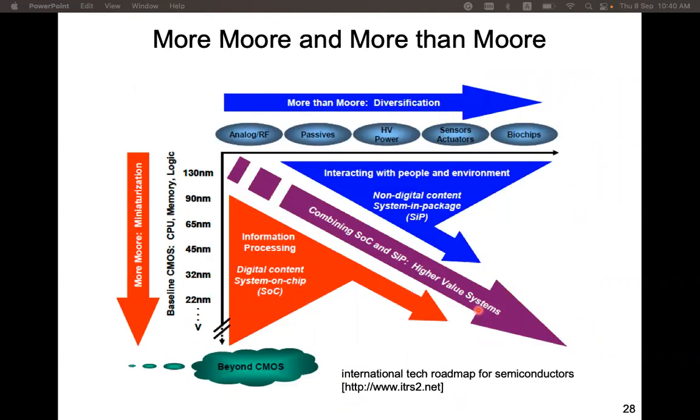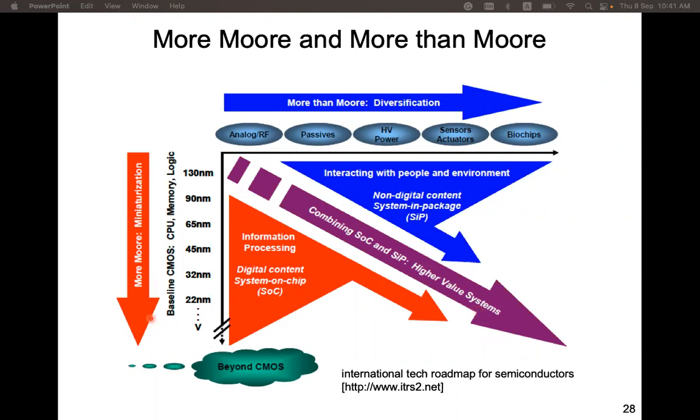So, Moore's law is still alive and could be continued for maybe a decade or more, but eventually there will be an end of the road.